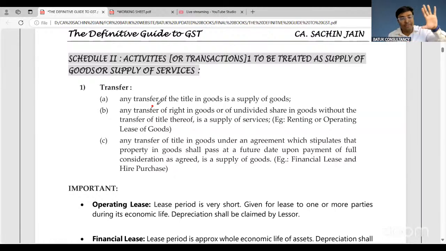We covered a specific concept that whenever there is a title transfer, the same will be treated as supply of goods, and whenever there is a right to use transfer, the same will be treated as supply of services. Now we will deeply discuss certain terms related to this schedule.